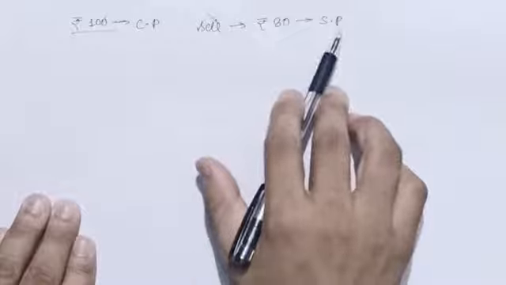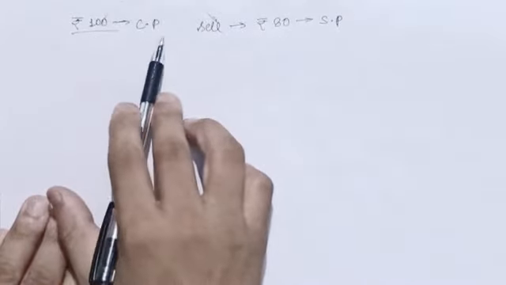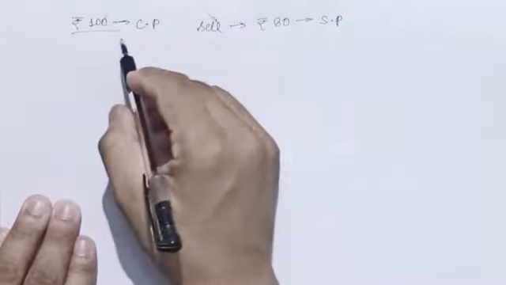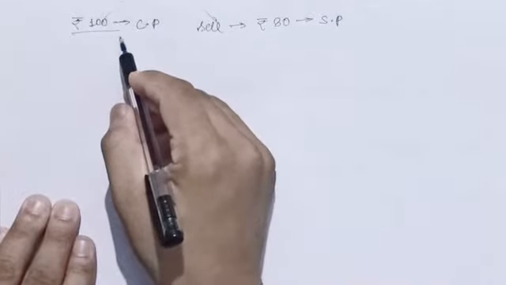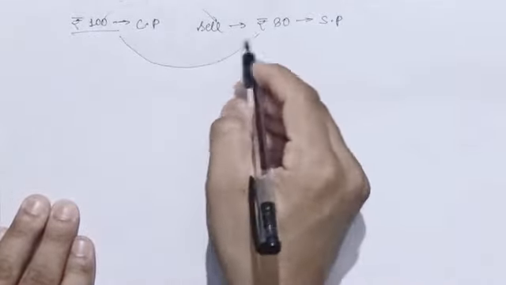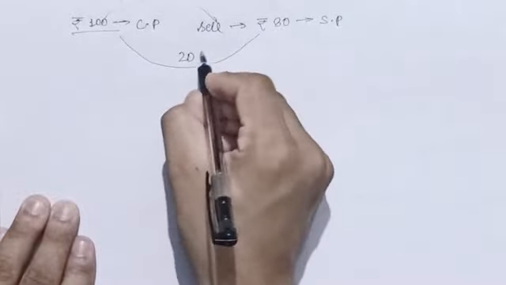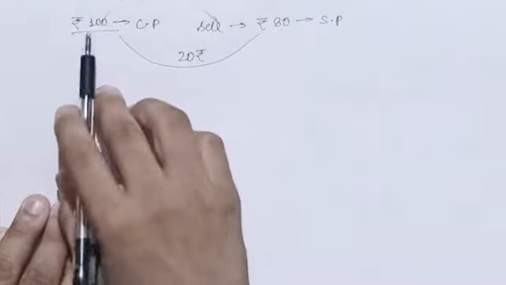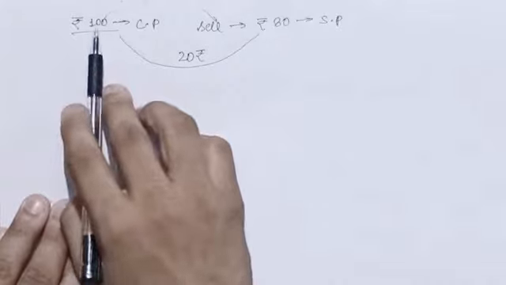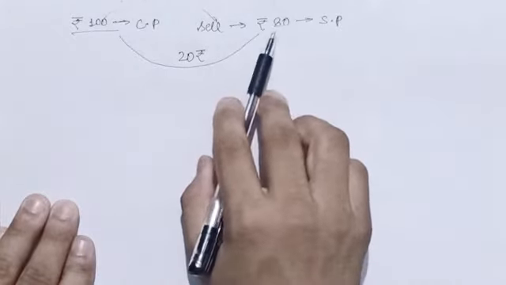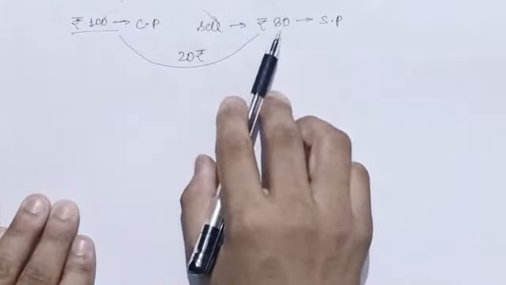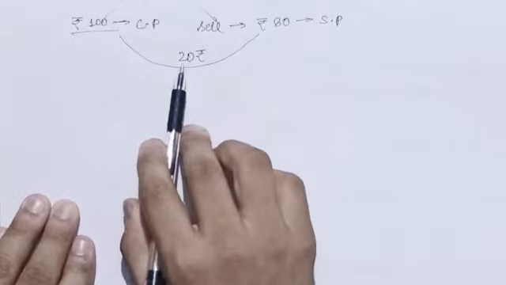You have purchased at rupees 100, but you sell at rupees 80. Now, from this example, it is clear that you get a loss of rupees 20, because you have purchased at rupees 100 and you sell it to your friend at rupees 80.